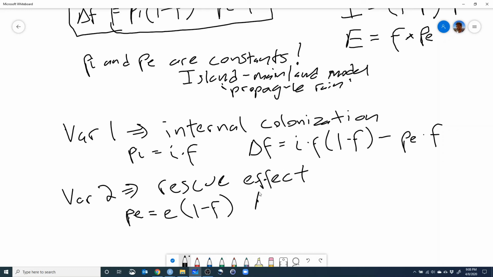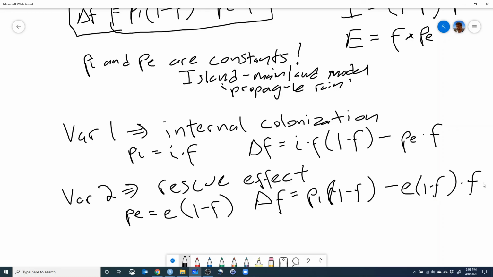So the full rescue effect model is delta f equals pi times 1 minus f, minus E times 1 minus f times f. That is the rescue effect.